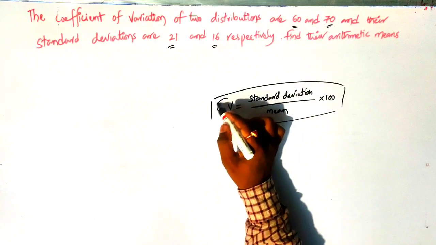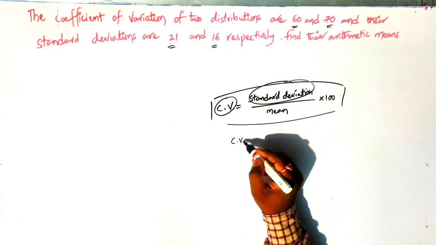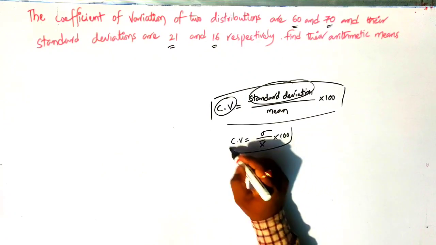So this is the formula. Coefficient of variation is equal to standard deviation divided by mean into 100. You are given the coefficient of variation and standard deviation also. So we write CV is equal to sigma by x bar into 100.